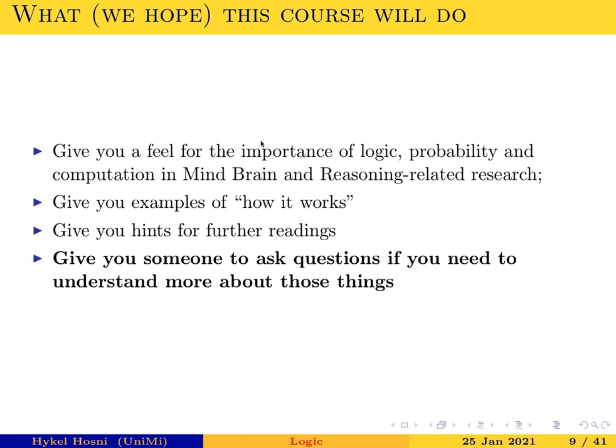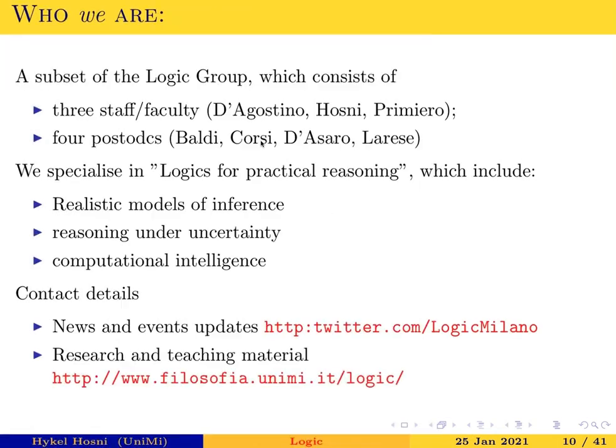So do get in touch with us, and us actually means the three of us. I said before I wouldn't introduce ourselves, because I'm doing this now. So we are in this particular moment a subset of the logic group.